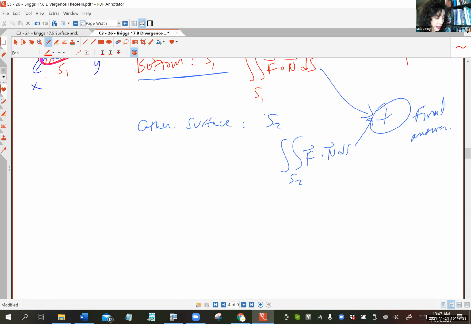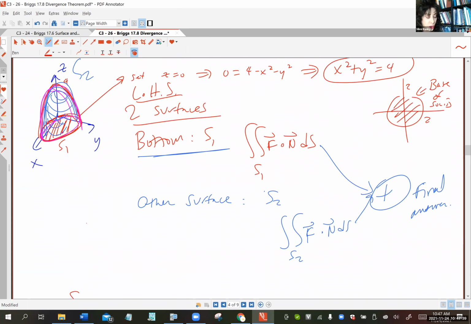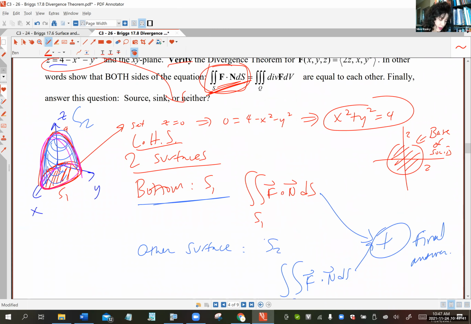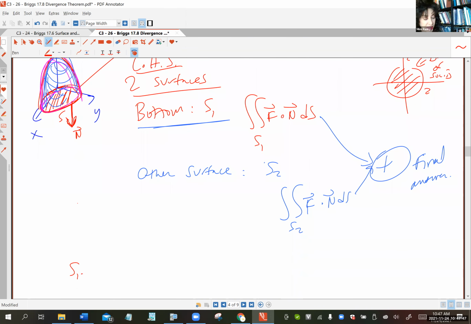So the S1. Now S1, that base plate, we want to find an obvious outwardly directed unit vector, okay? So we want this N here to be directed outward. Now notice that to be directed outward from this solid, this normal vector from the base plate here is pointing vertically down.